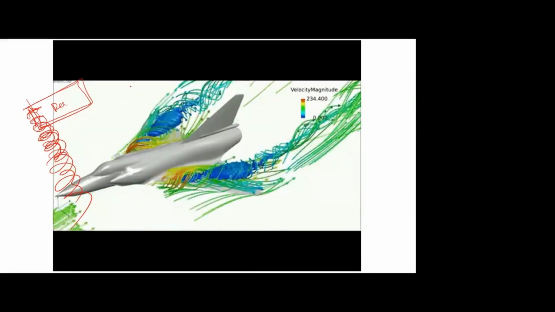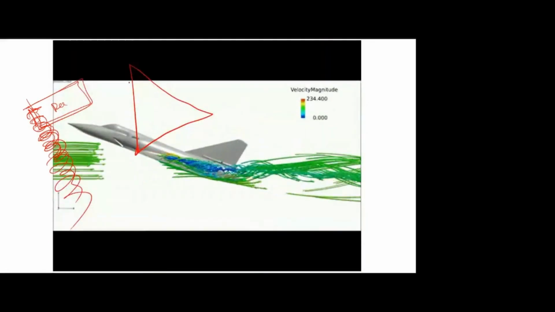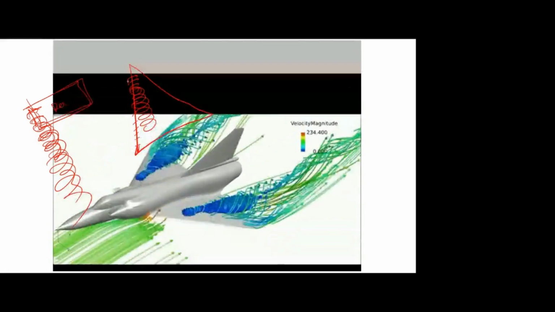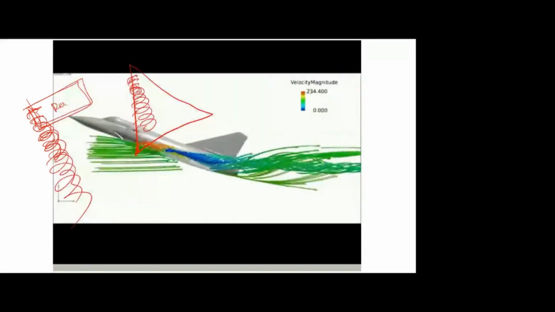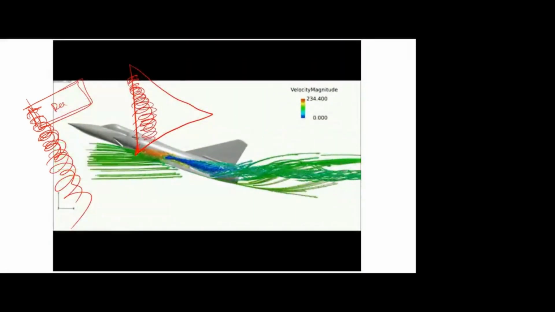Okay, this is for the rectangular wing. But if you take this delta shape, here also there is side leakage flow, but due to that there is a vortex formation. So side leakage flow is everywhere, but here it produces vortices on the wing itself. That is the only difference.